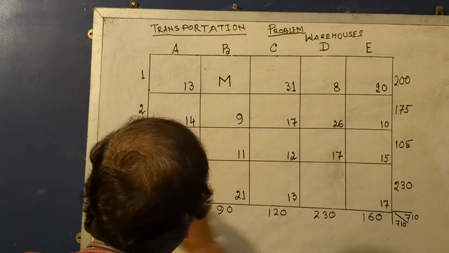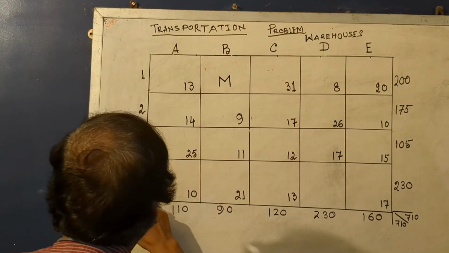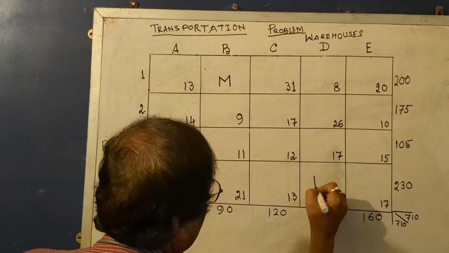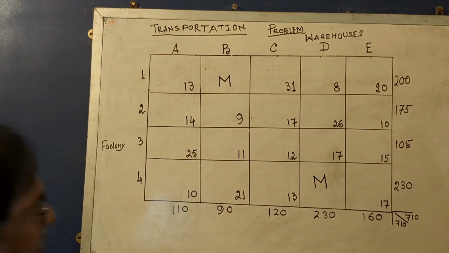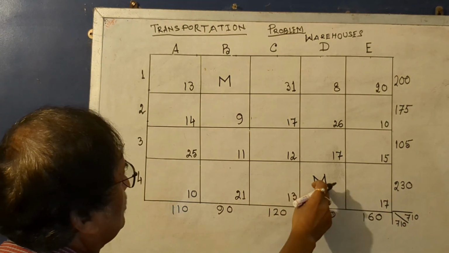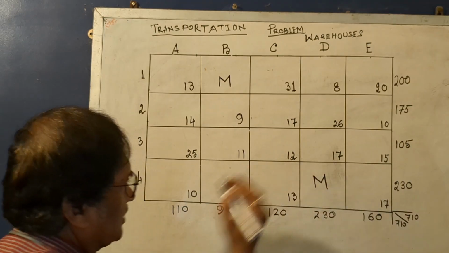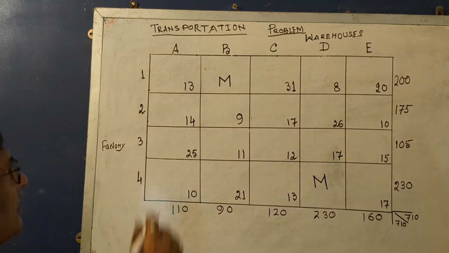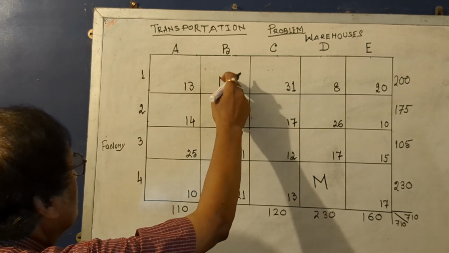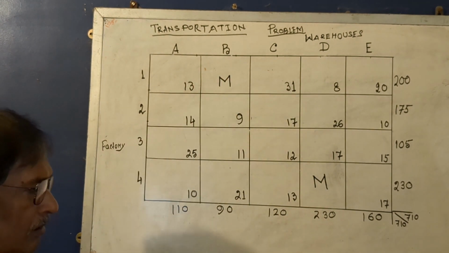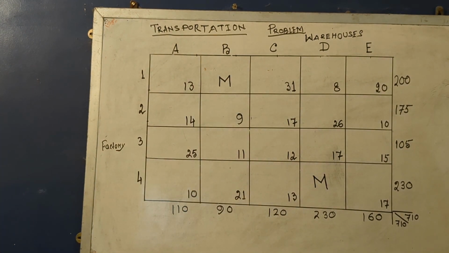Similarly, because you cannot shift any product from this factory to that destination, to deal with this situation, you have to put a very heavy, huge cost into this cell. And logically, as the cost is very high, the allocation will automatically be eliminated. The process is such that it will be automatically eliminated.